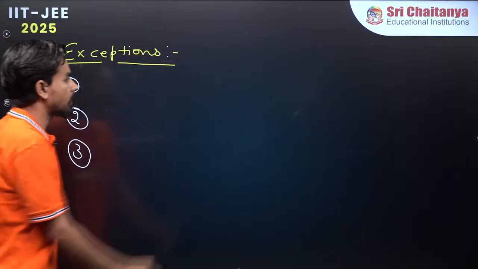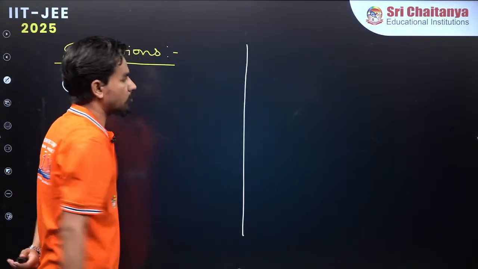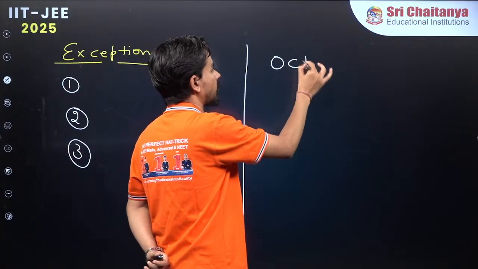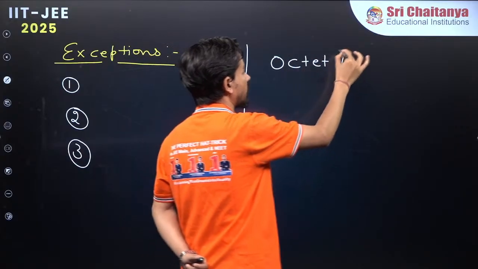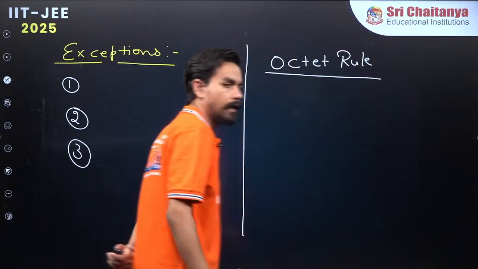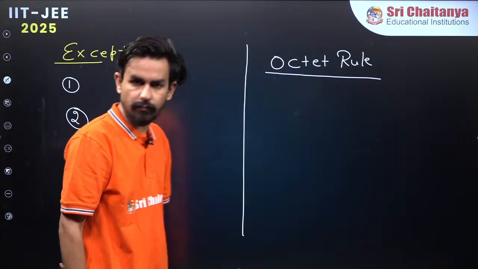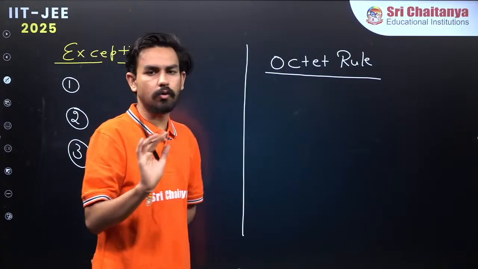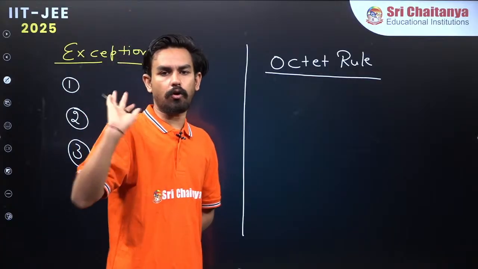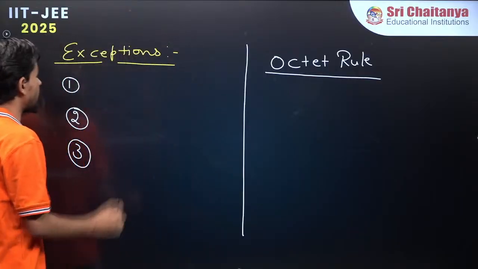Lewis theory tells us about the completion of octet, or it follows the octet rule. That means everybody should either complete 8 electrons in its outermost shell, or contain 2 electrons in its outermost shell, that is duplet, or octet.